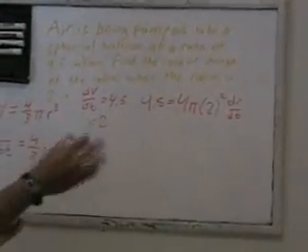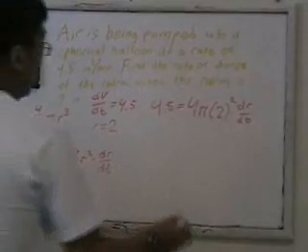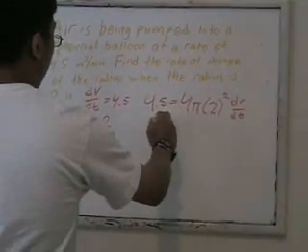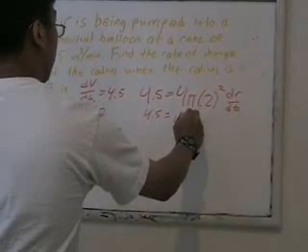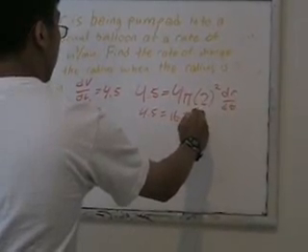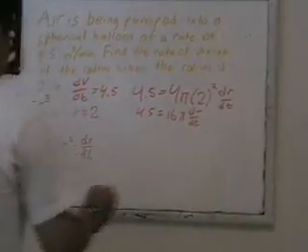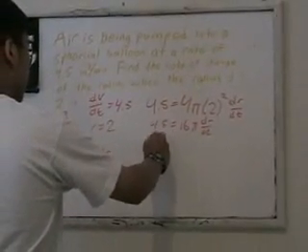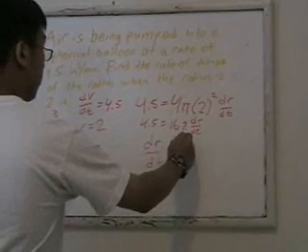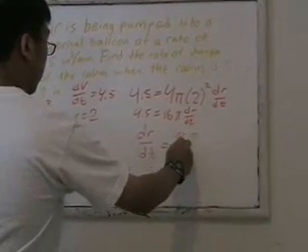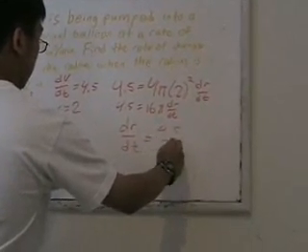At this point, we would just use algebra to find dr/dt. So 4.5 is equal to 16 pi dr/dt. Alright, so dr/dt is equal to 4.5 over 16 pi.